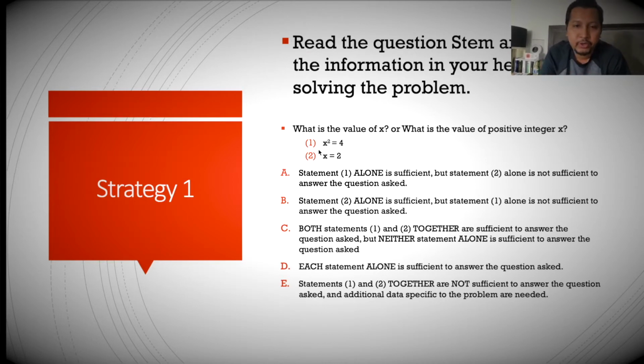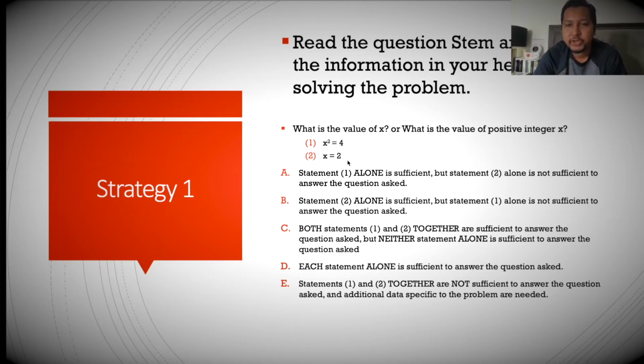However, we don't know for sure if x is 2 or minus 2, so statement 1 doesn't help. But statement 2 tells us x equals 2, so we know for sure B is the answer, because statement 2 tells us the right answer.